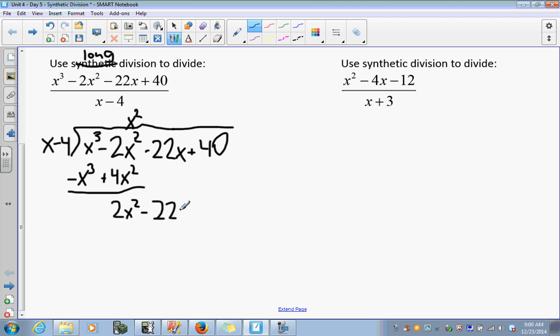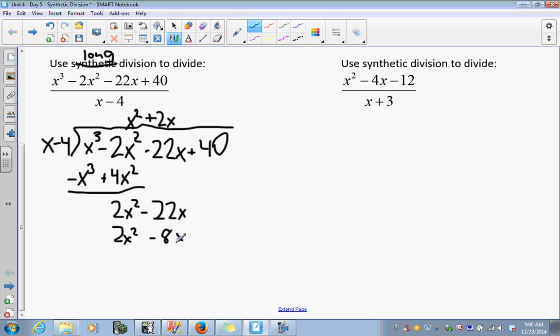Okay, now positive 2x squared minus 22x. Now, what do I need to multiply x by in order to get positive 2x squared? Well, I would multiply by a positive 2x, wouldn't I? A positive 2x. And then I'll distribute that 2x. So 2x times x is 2x squared. And 2x times negative 4 is a negative 8x.